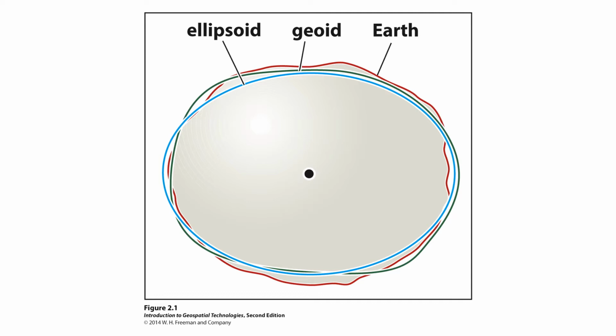Or I might ask you a simple question like, explain the difference between the Earth, the geoid, and the ellipsoid. And in a situation like that, you would say something like, the Earth is a rocky surface that goes above and below the sea level. The geoid is a surface that we define as sort of zero elevation, and it is based off of the gravitational pull of the Earth, and so it's a gravity defined area.